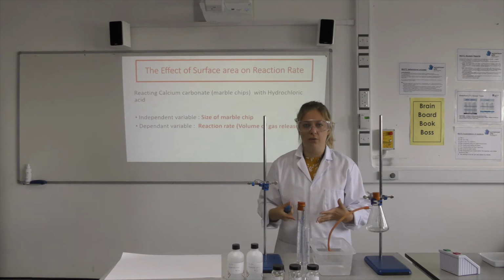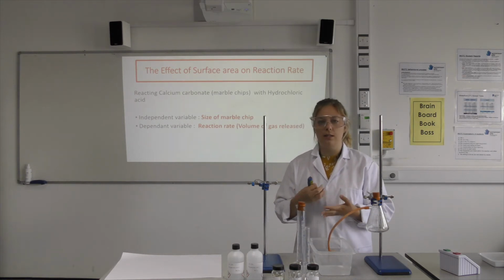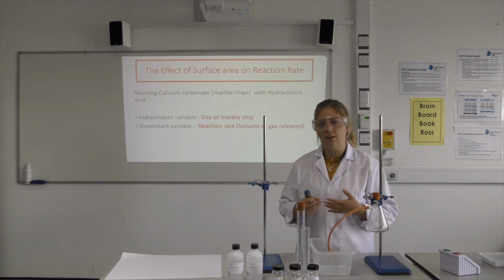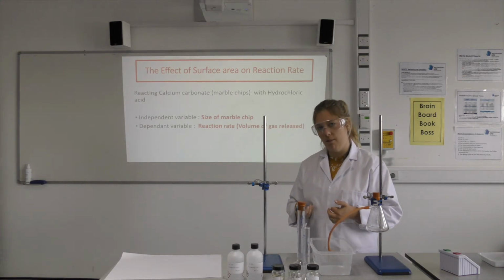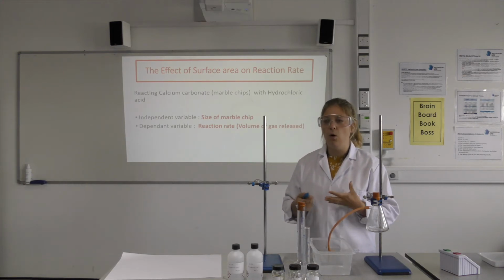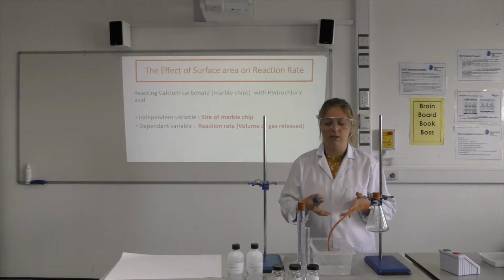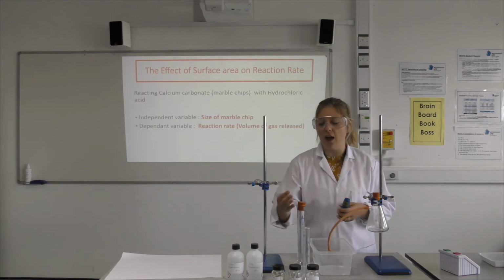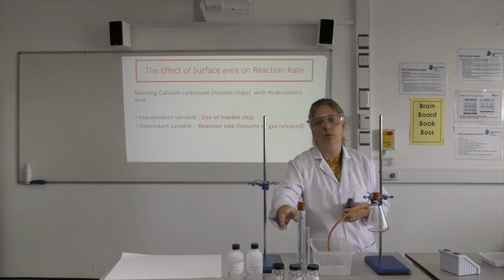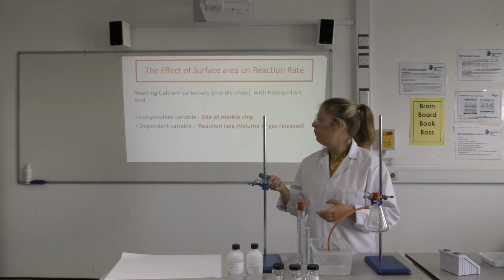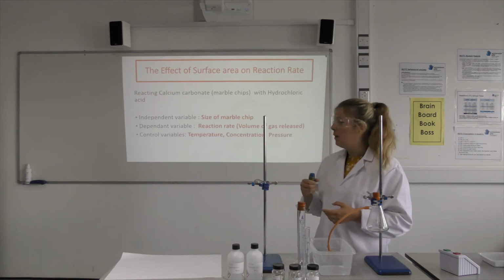Now, in any experiment, you need your independent variable, you need your dependent variable, which we have, and we need our control variables. Control variables are anything that you need to keep the same so that it doesn't affect the results of your experiment. Have a think, what factors might affect our rate of reaction other than surface area, because we're changing the surface area? Those factors are temperature.